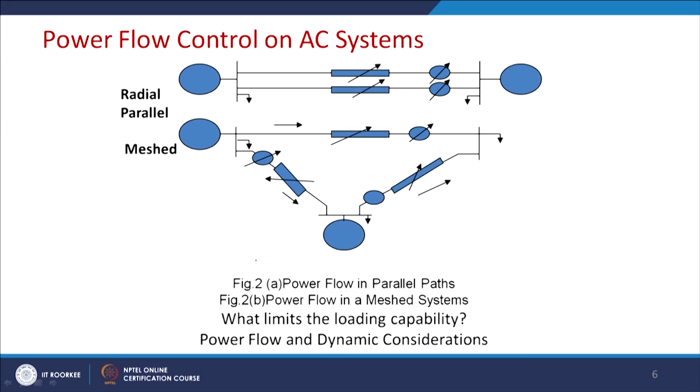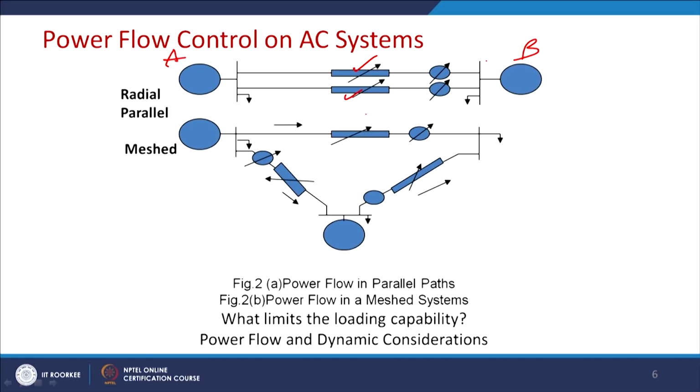Now, let us take a typical example. The upper one is a radial parallel system and another is a mesh system. These impedances are basically the series impedance, where this impedance can be actively controlled by these FACTS devices, and these are basically series injections of voltage or phase angle, and thus power flow from point A to point B can similarly be controlled.